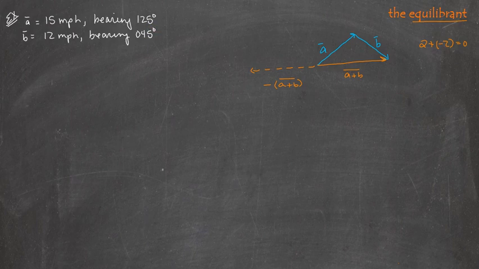So let's put this together. We're talking about 15 miles per hour at a bearing of 125, and 12 miles per hour at a bearing of 045, which just means 45 degrees from north in the clockwise position.